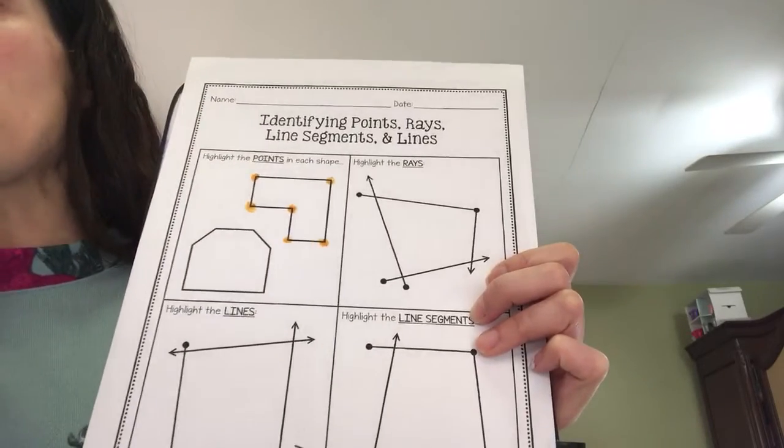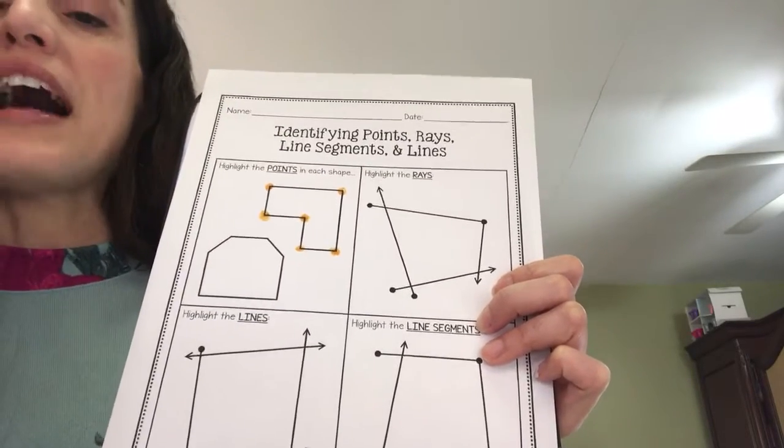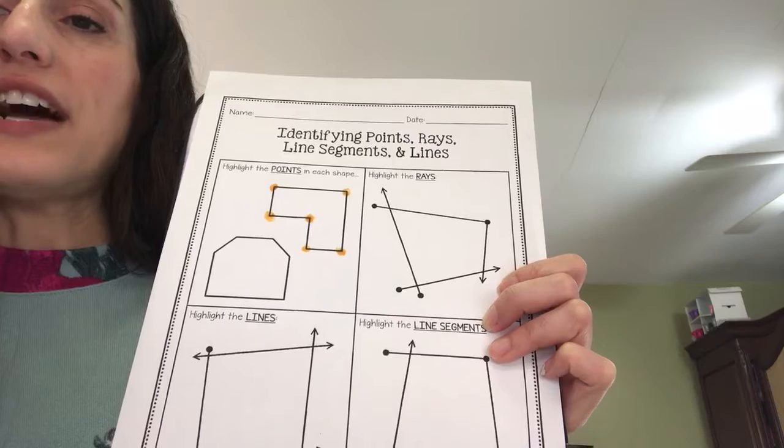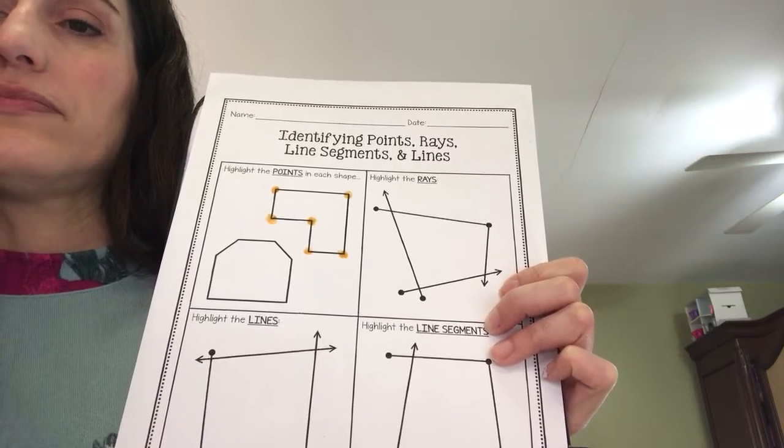The next shape also will have 6. Let's see if you can find them. Okay, I'm going to give you a minute, and then I'm going to show you mine, and you can check yours to see if you got it right. So go through, highlight your points, and see what you get.